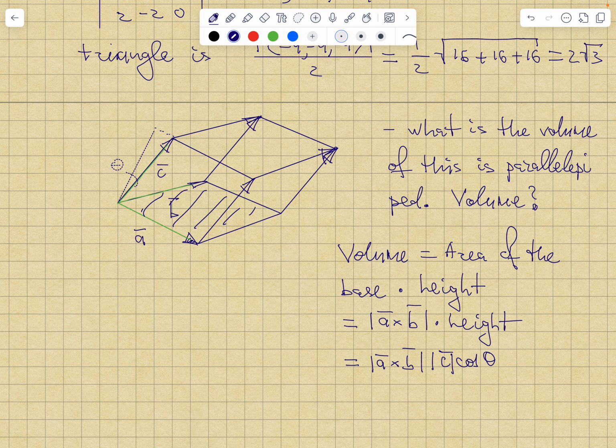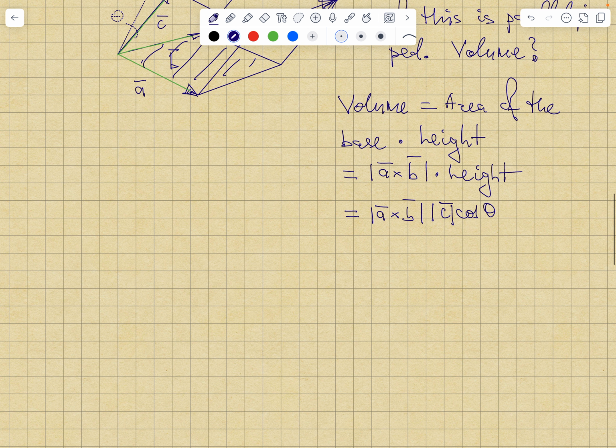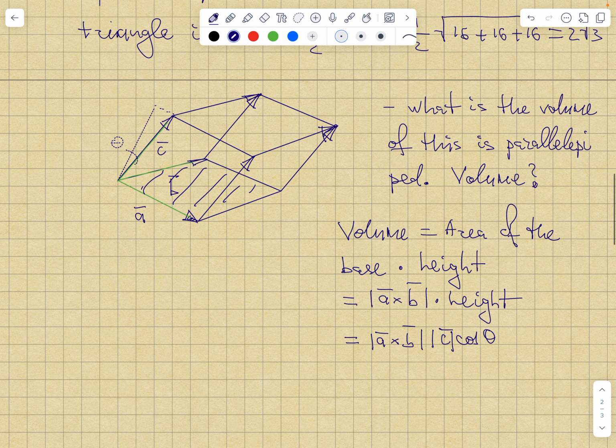And then if I think about that, the direction of A cross B is perpendicular to A and B. And so the direction from which I'm measuring theta actually is the direction of the cross product, because A cross B points in a direction perpendicular to both of them.